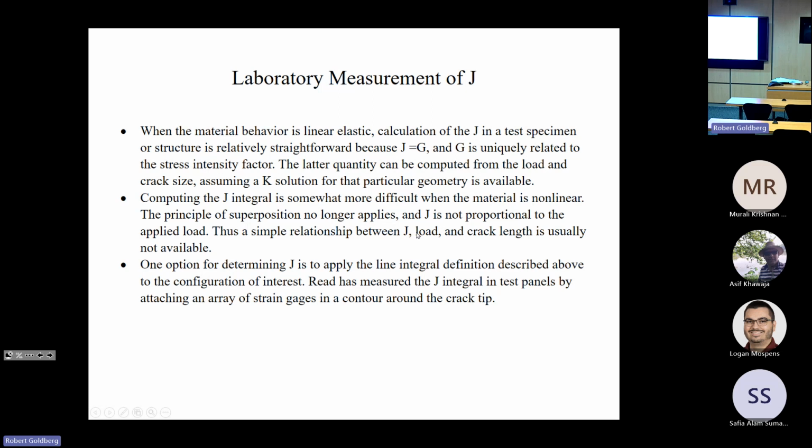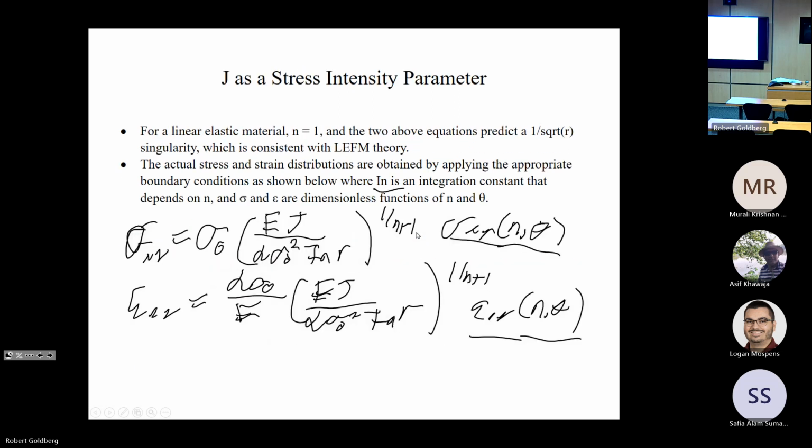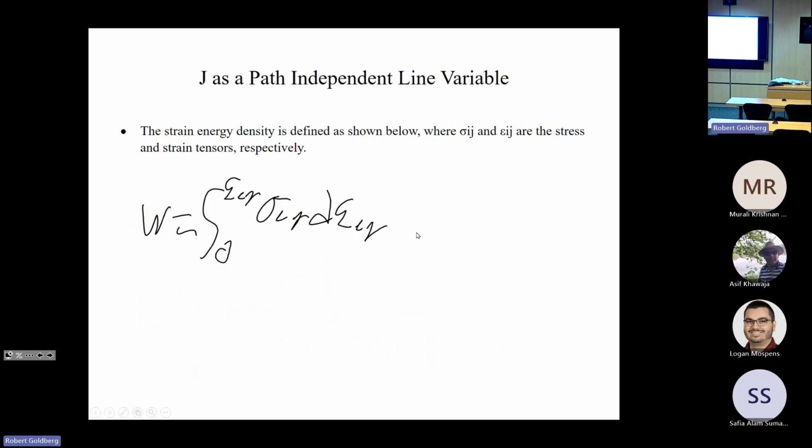Now, one option is to apply that line integral definition we talked about to the configuration of interest. And Read measured the J integral in test panels by attaching a bunch of strain gauges. So he defined a contour.